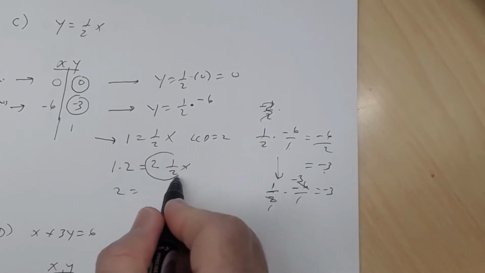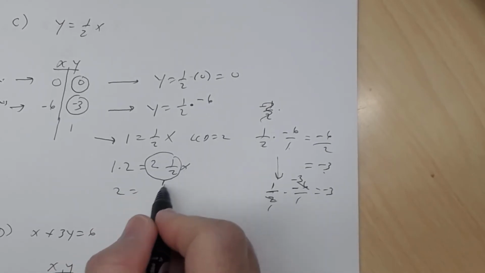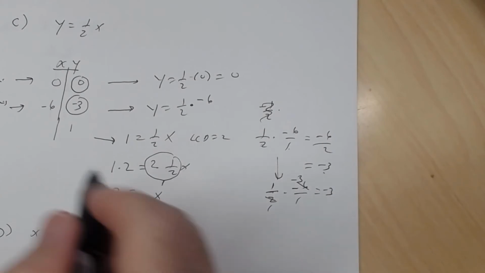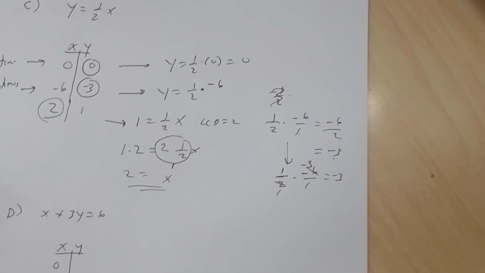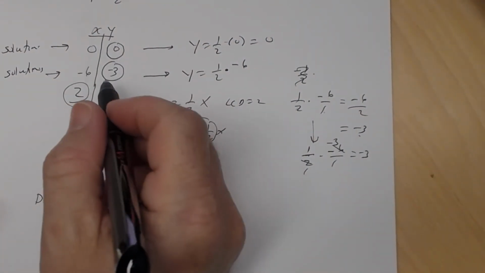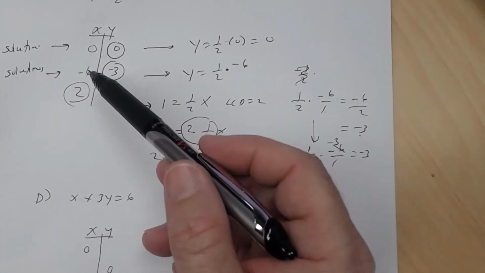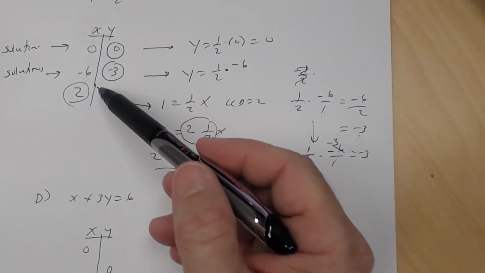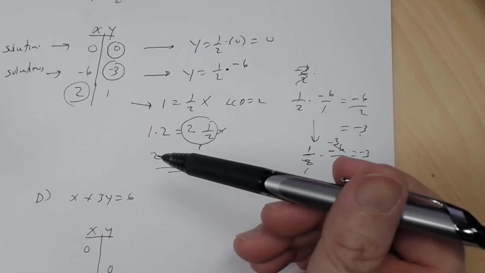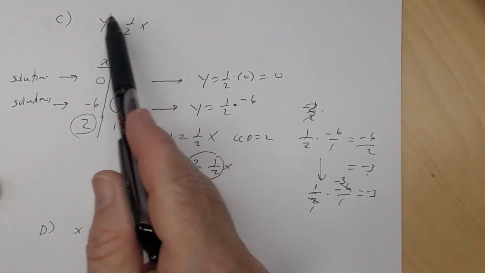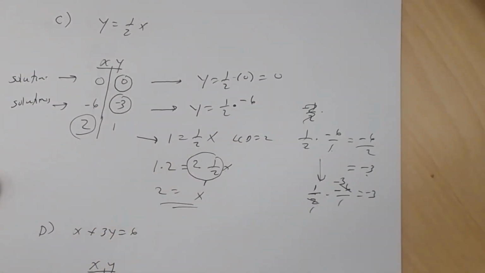And remember 2 times a half, well that's just 1. And 1 times x is x. So I found what x is. So x is 2. All right, so you found your 3 solutions. And in the next lesson, when you plot those points, you're going to see what that means in terms of what the graph of this looks like.